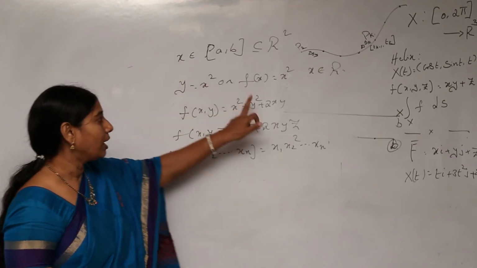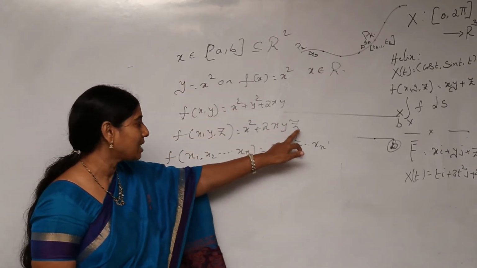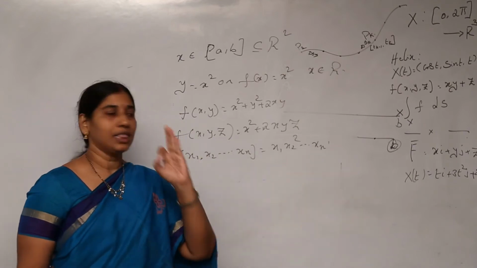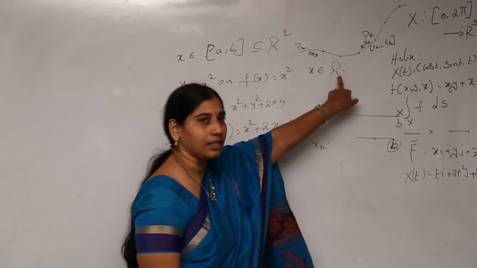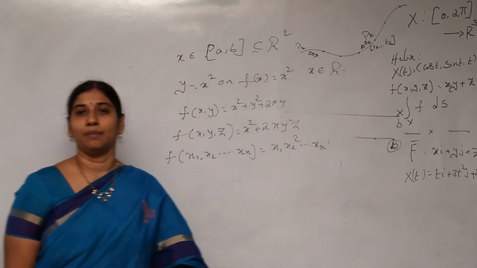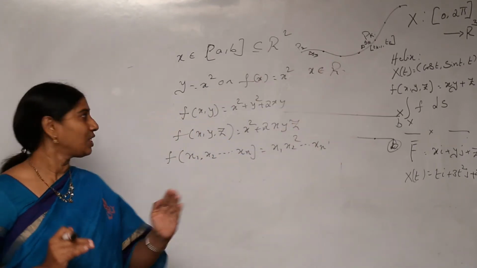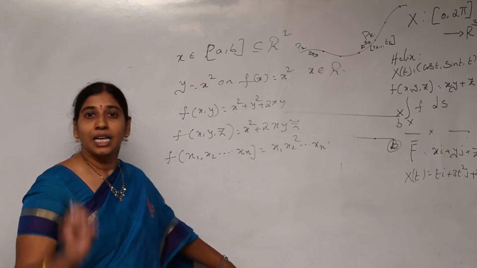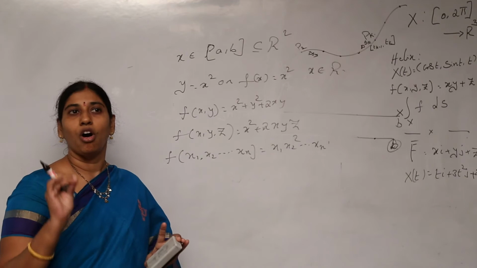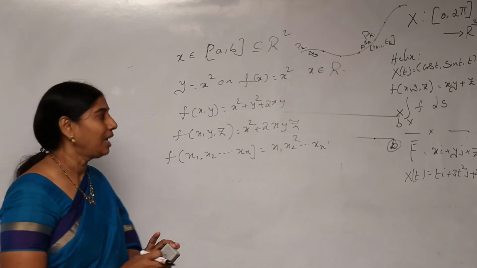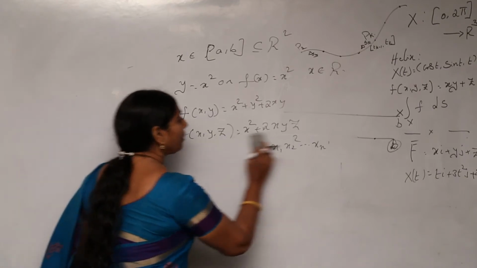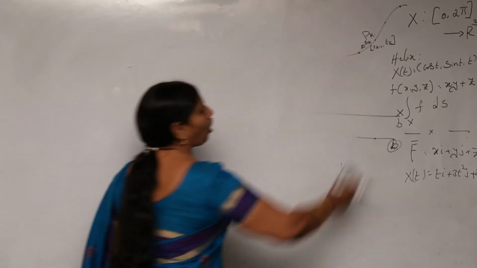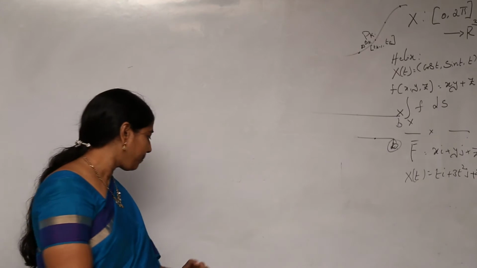Whether x, or y, or x, y, z, or x1, x2, and so on, xn, all these are nothing but real numbers. So all these functions we call the scalar valued functions, or simply scalar functions. Then what do we mean by a vector valued function, or a vector function?